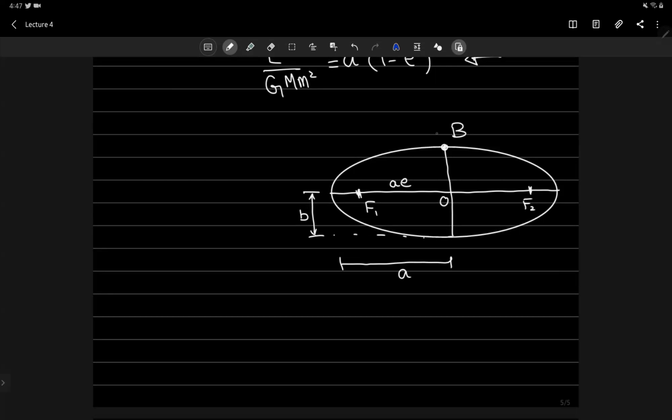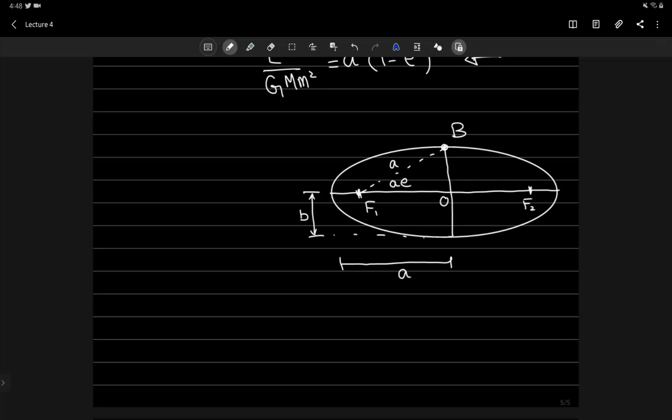And now the top point B of the semi minor axis of the ellipse is exactly A, this one. तो from A from F1, right?